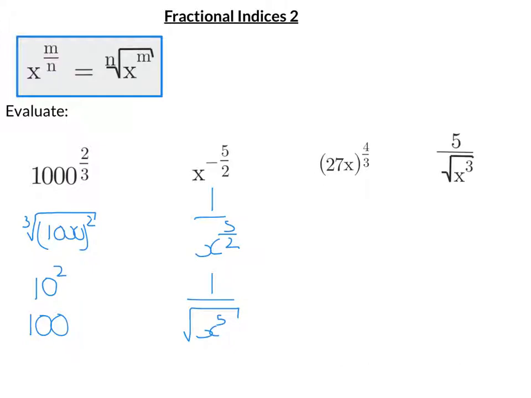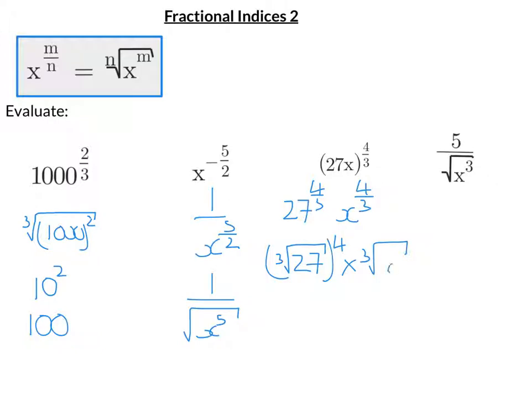Next one, 27x all to the power of 4 over 3. So that means we're going to get 27 to the power of 4 over 3, and we're going to get x to the power of 4 over 3. Now, 27 to the power of 4 over 3 means I am getting the cube root of 27 all to the power of 4, and that's going to be times by the cube root of x to the power of 4.